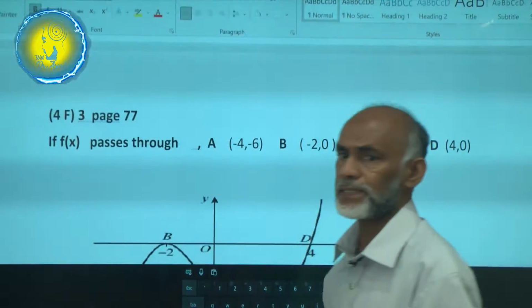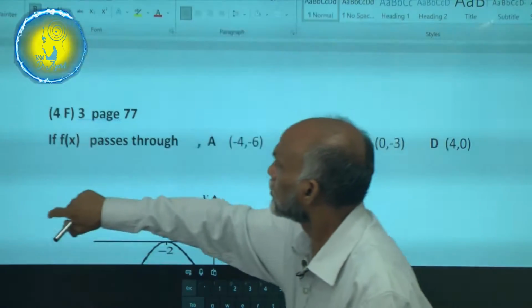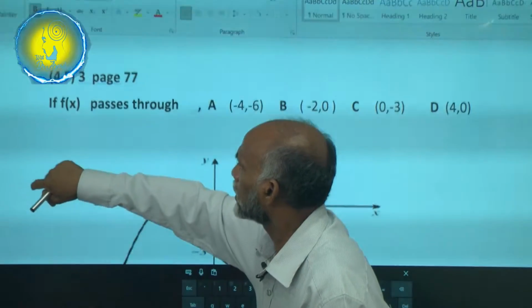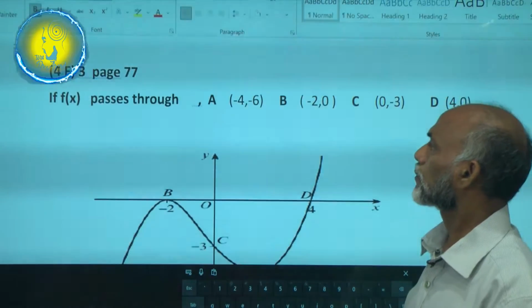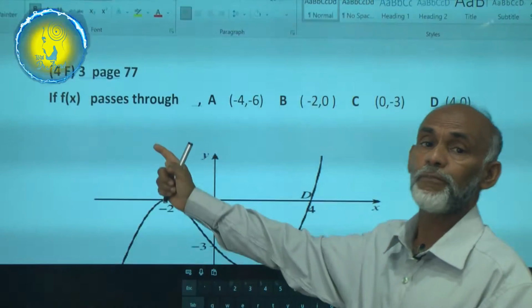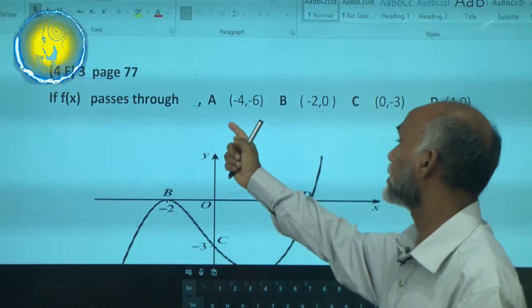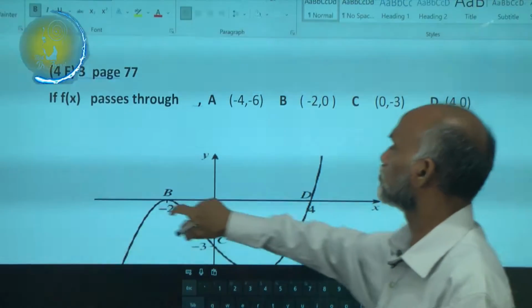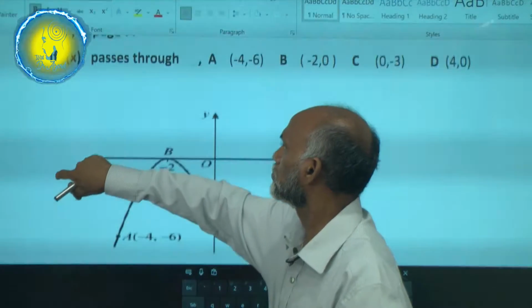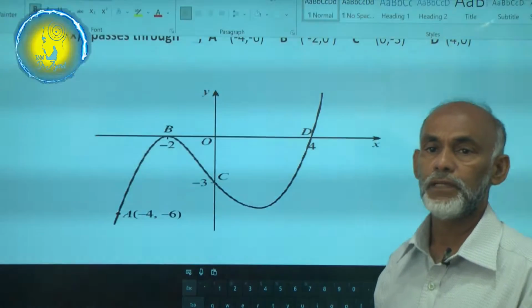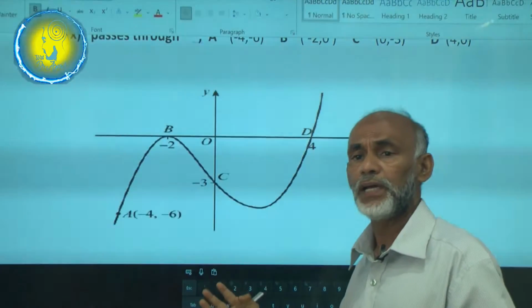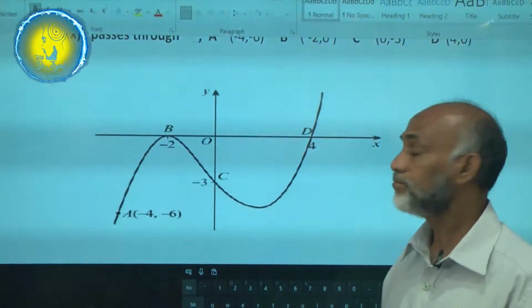Let's go for one of the best examples. It is in your textbook 4F3 page 77. A cubic graph passes through 4 coordinates A, B, C and D. This is the original cubic graph. Let's see how the effects are going when we transform.